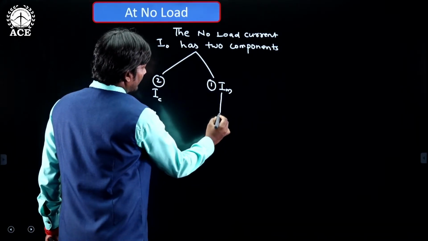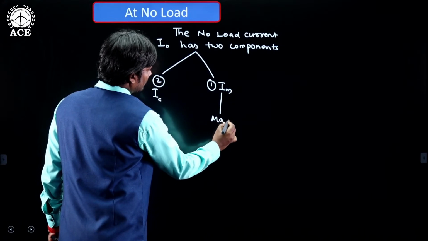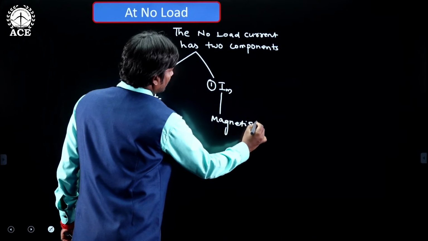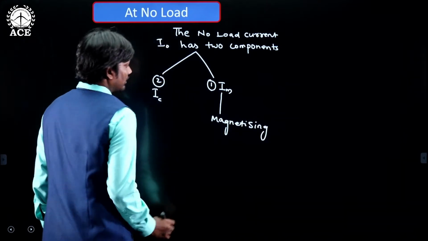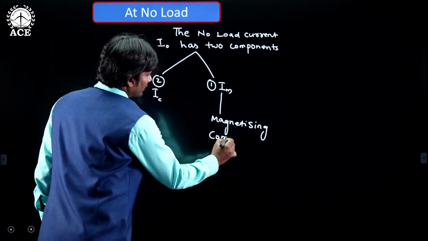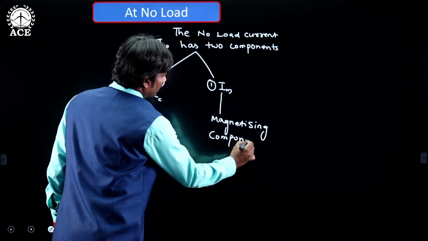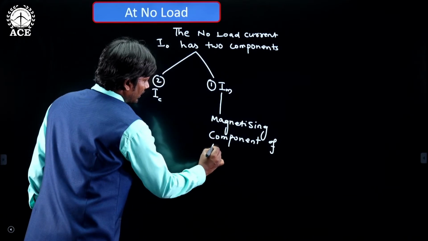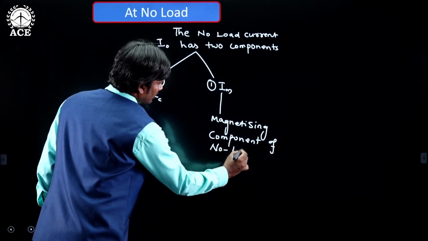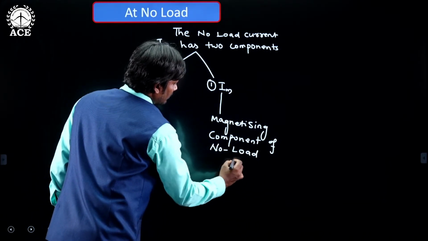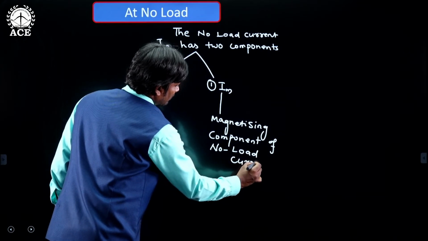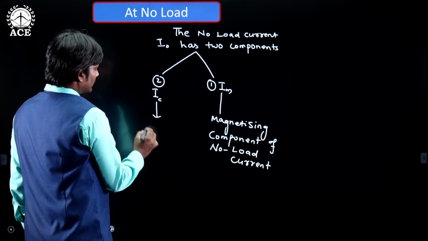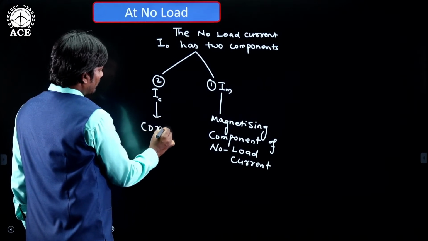This is called magnetizing component of no load current, and this Ic is core loss component.